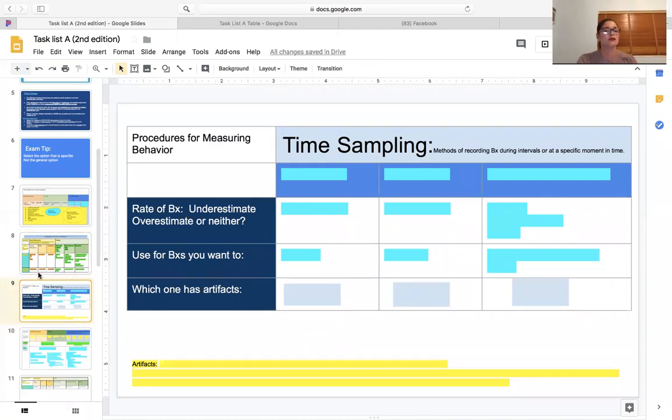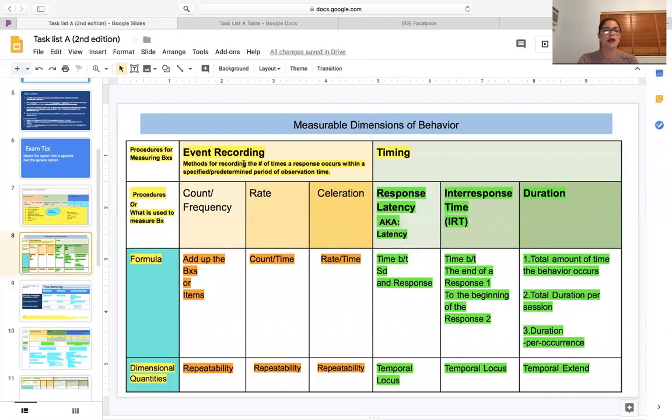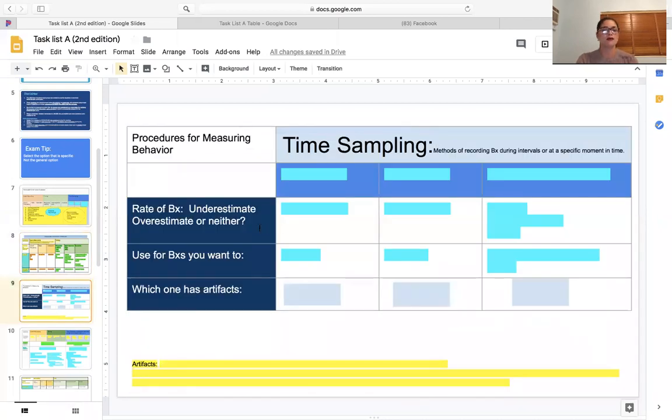So the last one of the 3, remember we had 3 procedures for measuring the behavior. We had event recording, timing, and time sampling. We put it here because it's different, right? So what is time sampling? Discontinuous measurement. Ooh, you're going fancier than what I thought. Yeah, that's good.